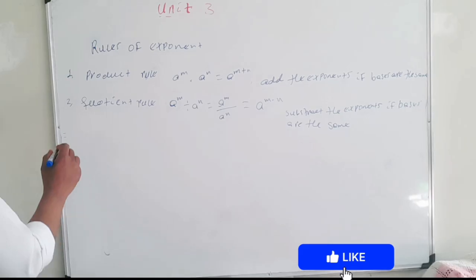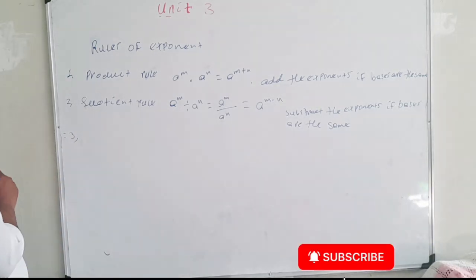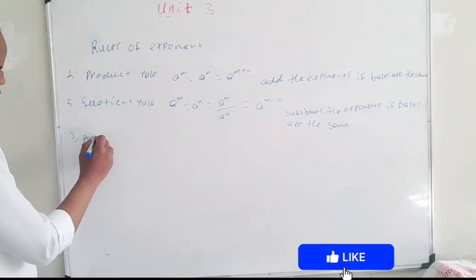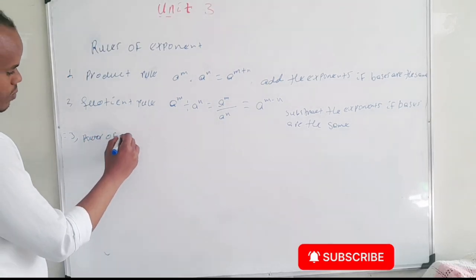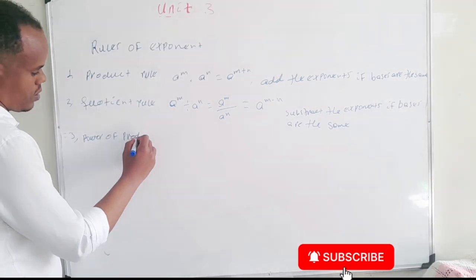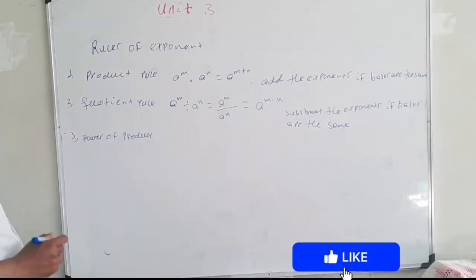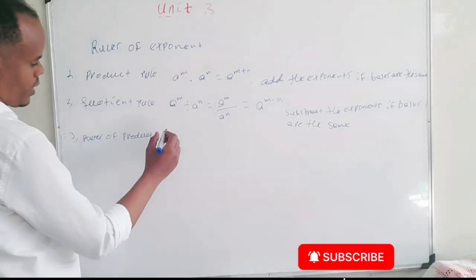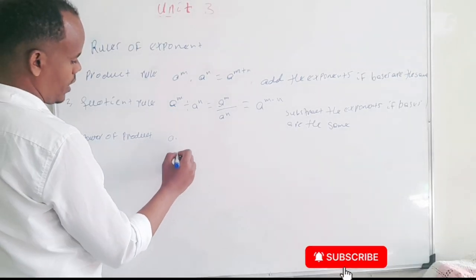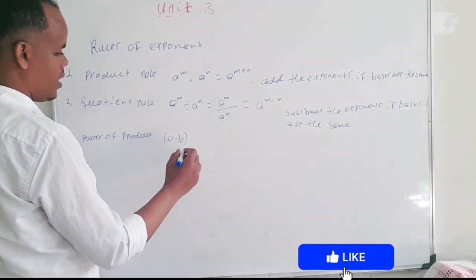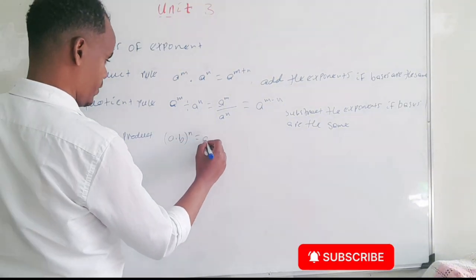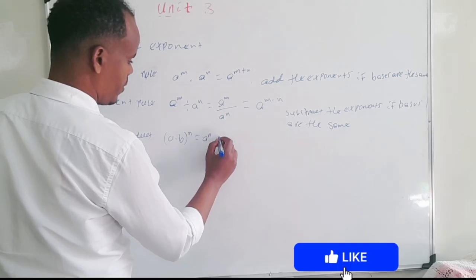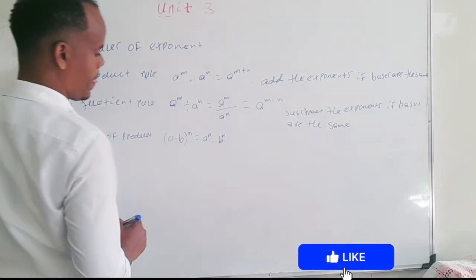And the third one is power of product. That is a times b to the power of n means a to the power of n times b to the power of n.